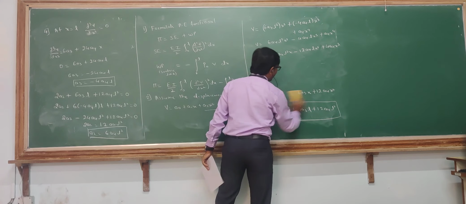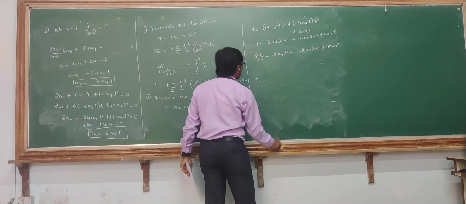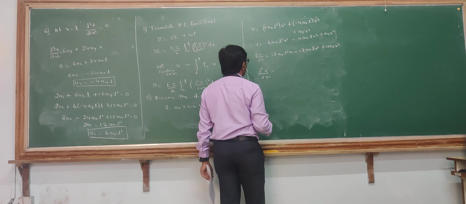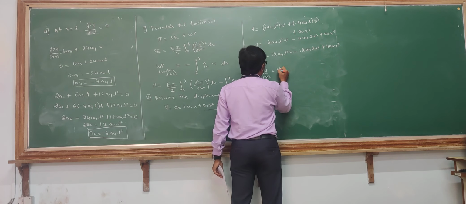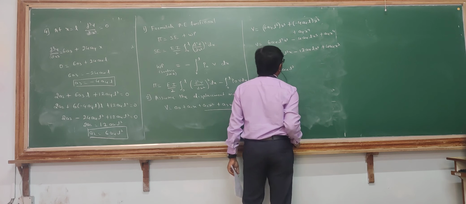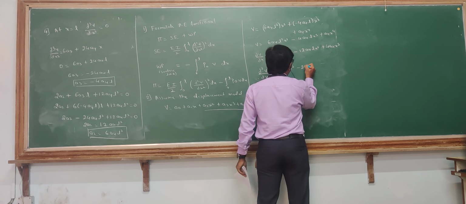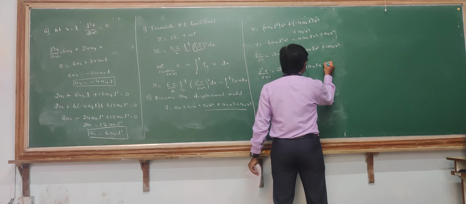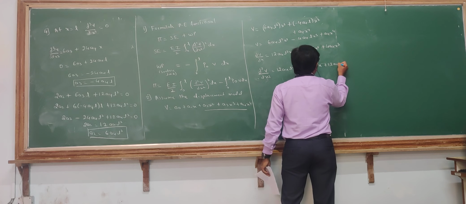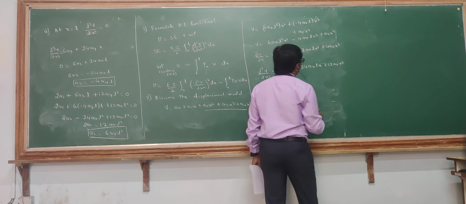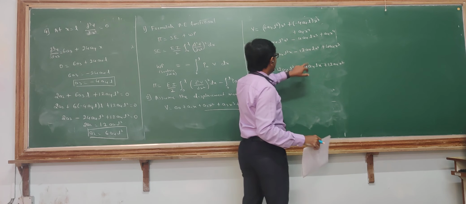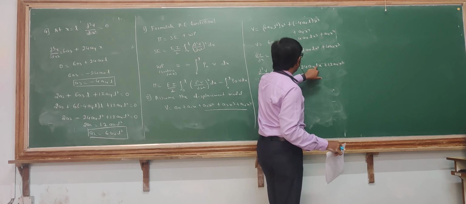Next I will do ∂²V/∂x². What I get here is 12a4L² minus 24a4Lx plus 12a4x². Is it right? See here, this becomes 12a4L², x becomes 1, 2 I multiply, it becomes 24a4Lx.